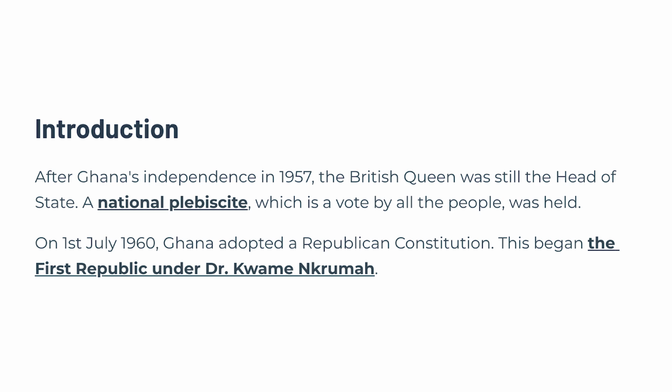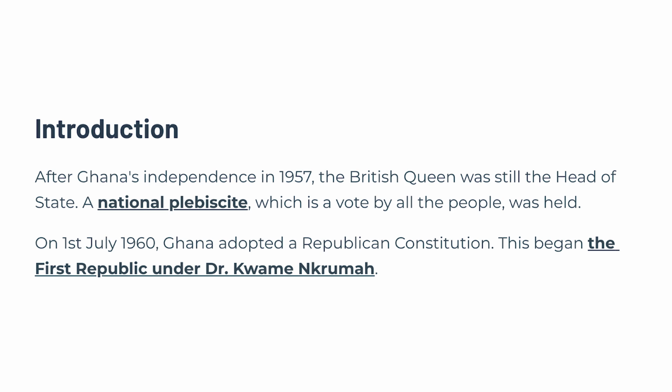On the 1st of July 1960, Ghana adopted the 1960 Republican Constitution, officially beginning the First Republic under Dr. Kwame Nkrumah. From this moment, Ghana became a republic, and the Queen's role was removed completely.